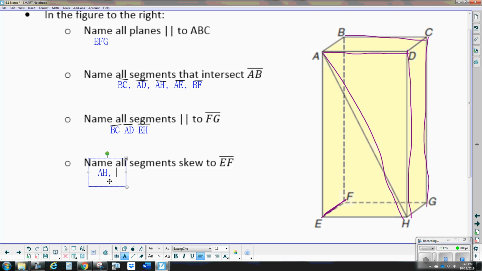So AH, BC, AD, CG, and HD. Okay, and again, don't forget your segment markings.